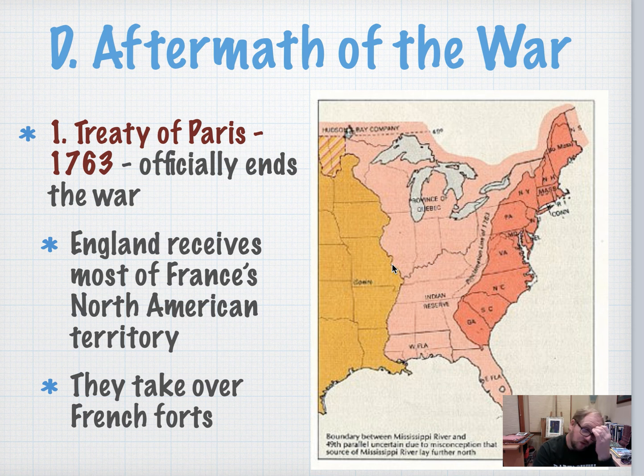So if you're a colonist, you're like, awesome. We now have a huge amount of land that we can move westward into. And there's no European body to manipulate this or take over this or be an issue for going in there. So the thought was that this was going to be a huge advantage for American colonists.